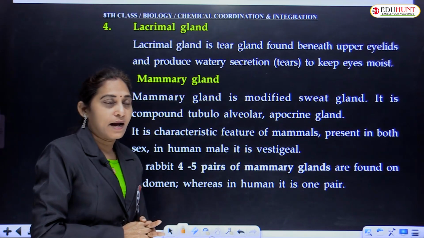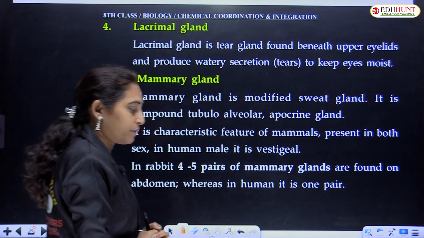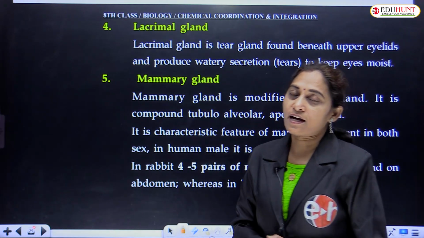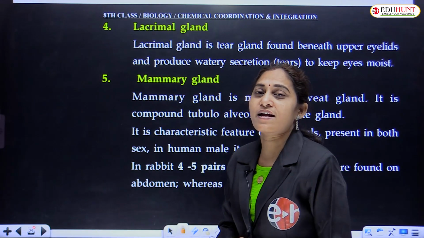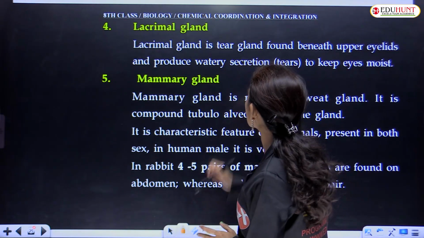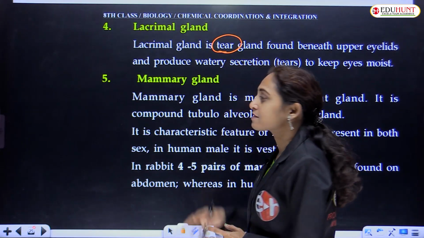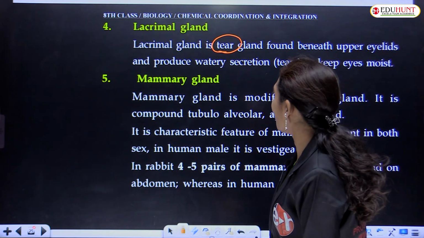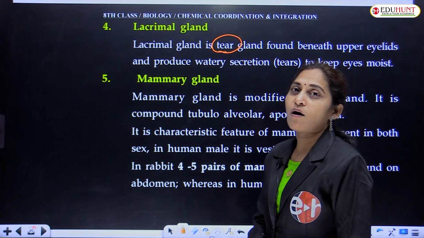lacrimal gland. Lacrimal gland, just now I mentioned that these are the tear glands. Tear glands. The secretions of lacrimal glands are known as tears. Tears antam. Lacrimal gland secretions ni tears antamu. And they produce watery secretions.